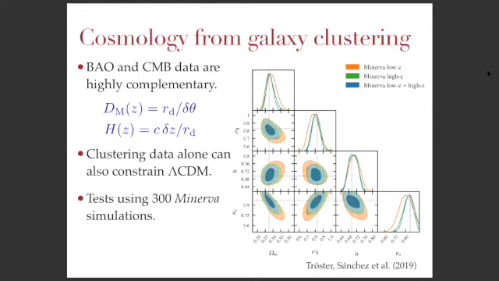This is a plot showing constraints on lambda CDM parameters using our measurements from the simulations. So these are the Minerva simulations, HOD samples matching the clustering of LOWZ and CMASS, used separately, and then in the joint analysis in blue. And in all cases, we recover the true cosmological parameters of the simulations.